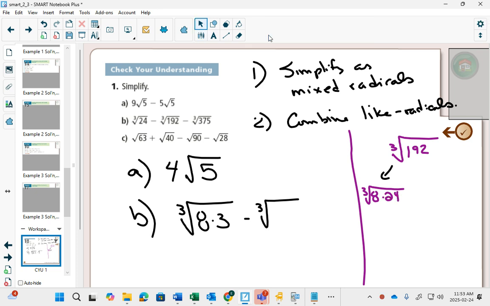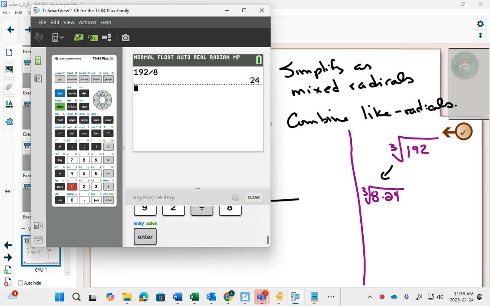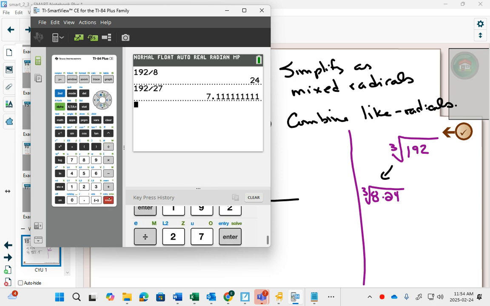But I want to show you that if you started checking bigger perfect cubes, like after 8 is 27, doesn't work. After 27, 4 cubed is 64. Ooh, it's a nice number as well.